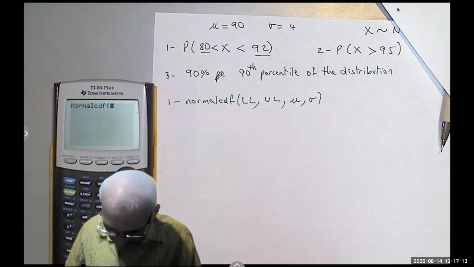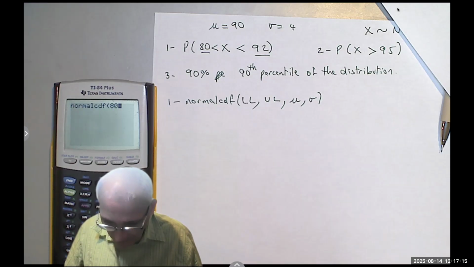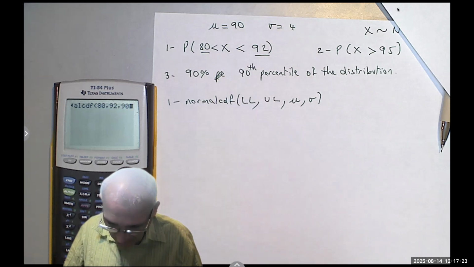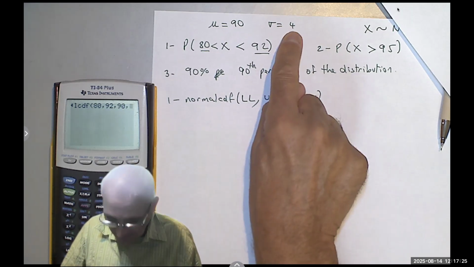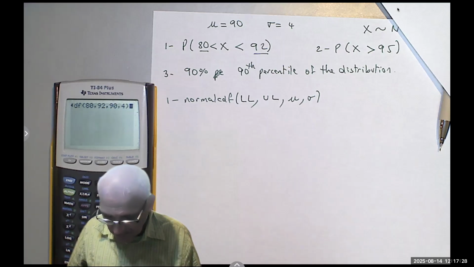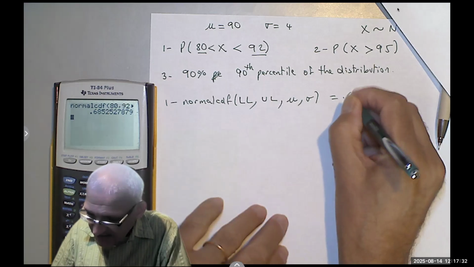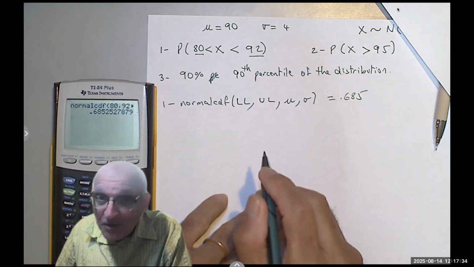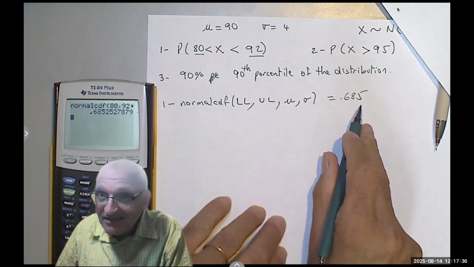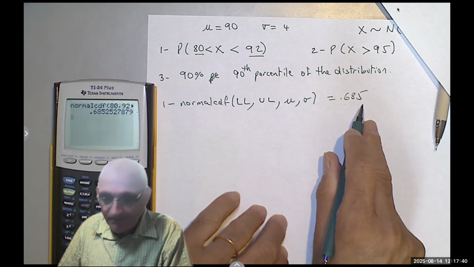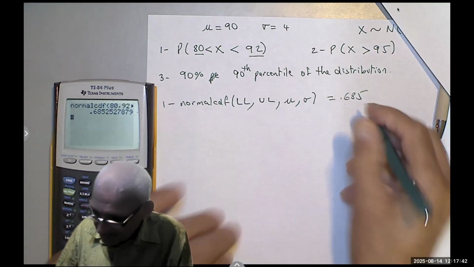So I'm going to enter 80, comma, 92, comma, 90, comma, 4. It wants sigma. And I get 0.685, which is 68.5%, right? 0.685.